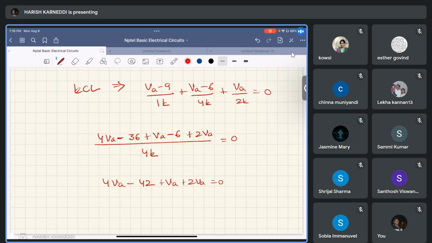Just 4K, it will go to that side and it will be 0 into 4K, it will be 0. So 4VA plus VA, 5VA, 5VA plus 2VA, it is 7VA equal to 42. From this, VA equal to 42 by 7.